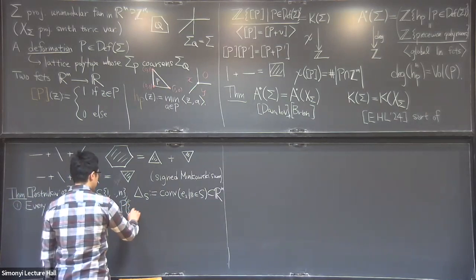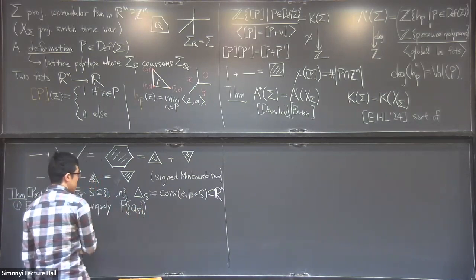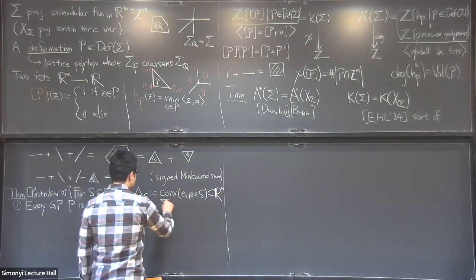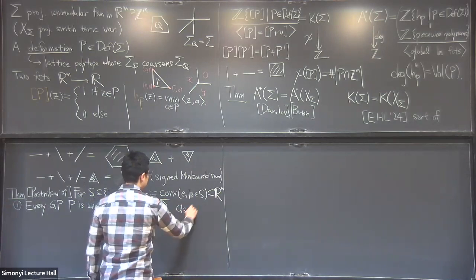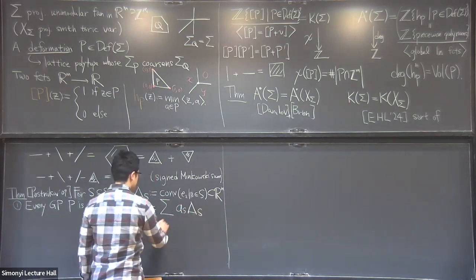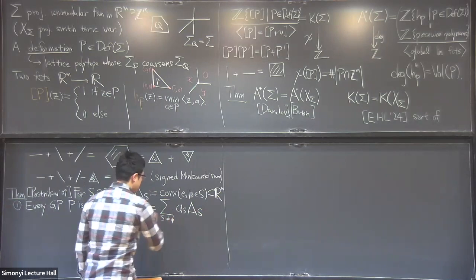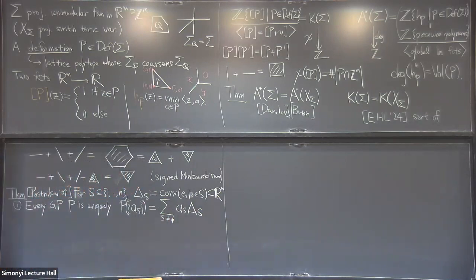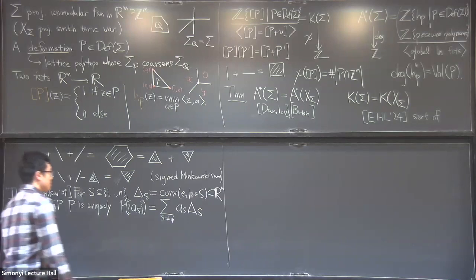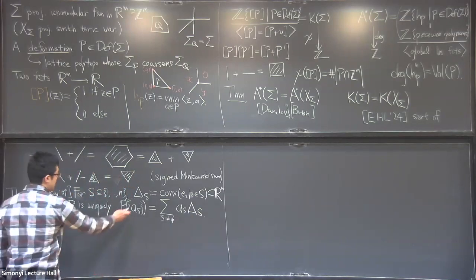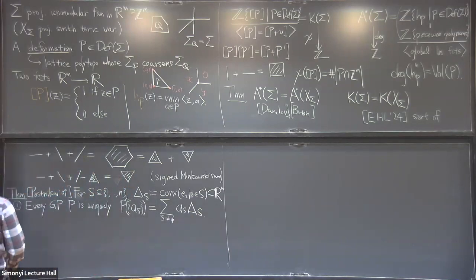So we may write P, a generalized permutahedron, as always equal in a unique way to a signed Minkowski sum over these standard simplices. I'm calling the coefficients a_S. So for generalized permutahedra, I'll start just writing P(a_S).